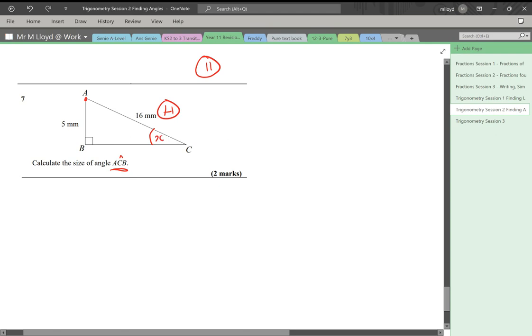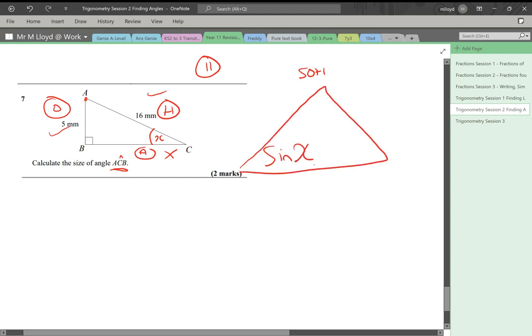That's really important because that now defines which length is going to be the opposite, which is the 5, and which length is going to be the adjacent, which is the A. Okay, so we've got nothing on the A, something on the O, something on the H. So there we go. Sin is our function. Sin x at the top is O, bottom right is H. O is going to be 5 and H is 16.